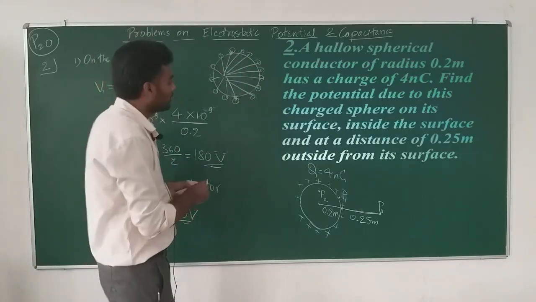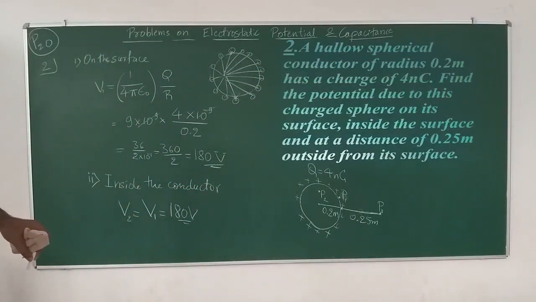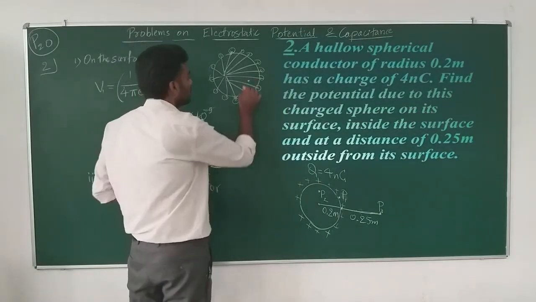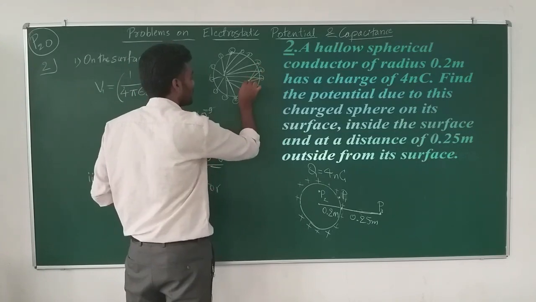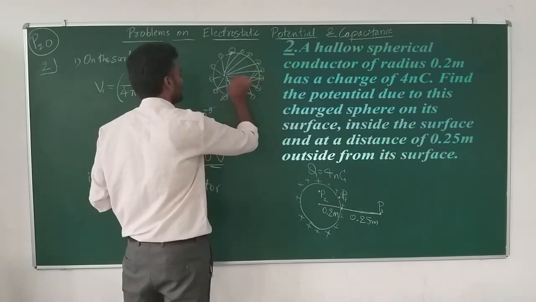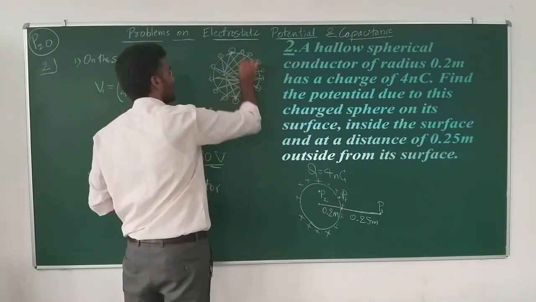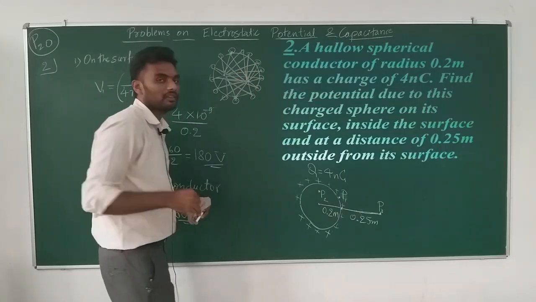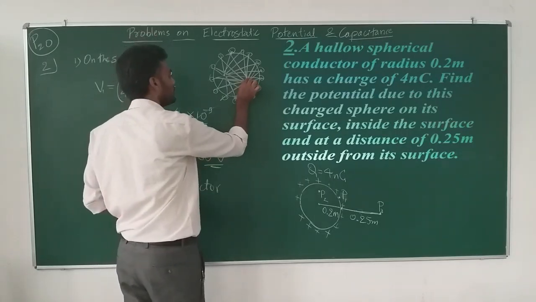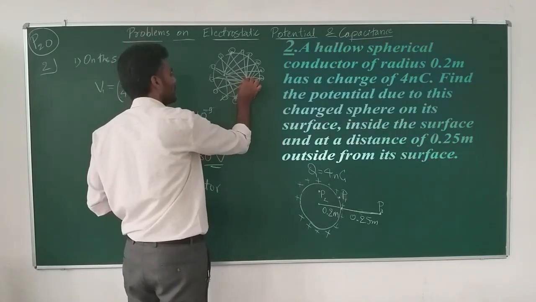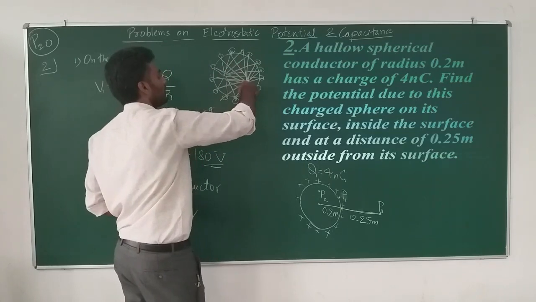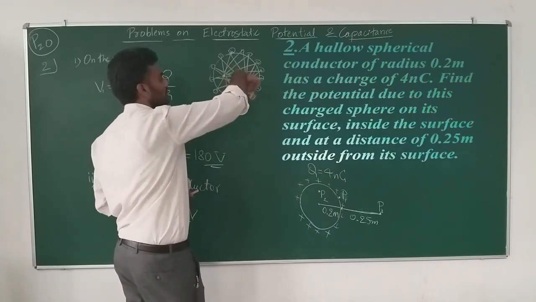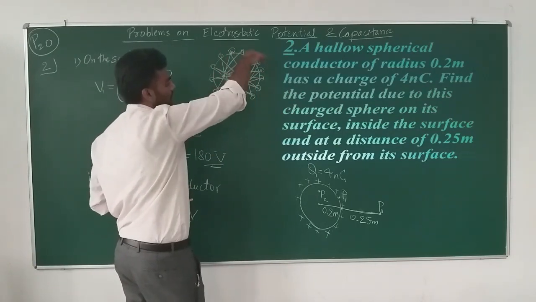Now you consider one more charge, okay, say at this point, and now even this point will experience potential due to all these individual charges, right? So when we actually do the maths, you will get to know that the potential at this point due to all these charges will be equal to potential at this point due to the rest of the charges, I mean again all the charges on the surface.